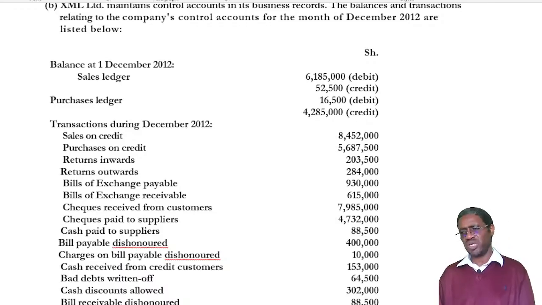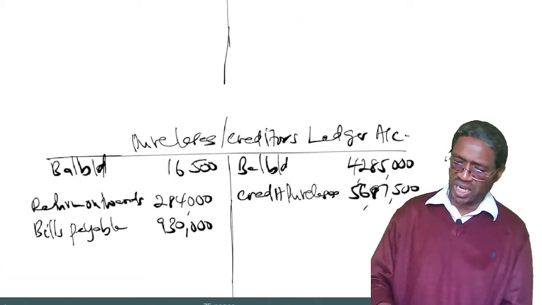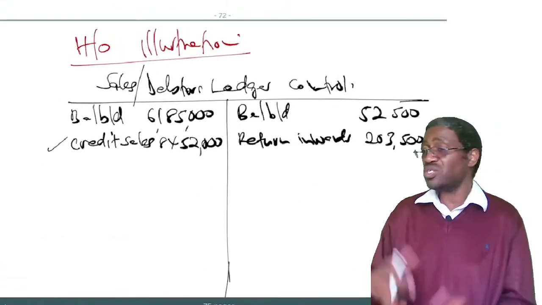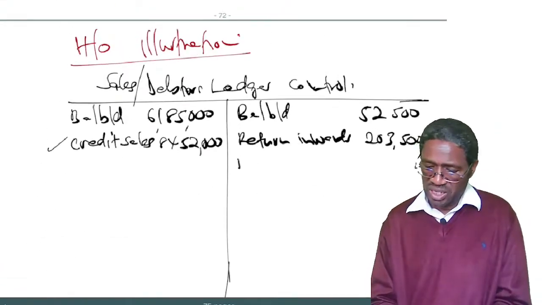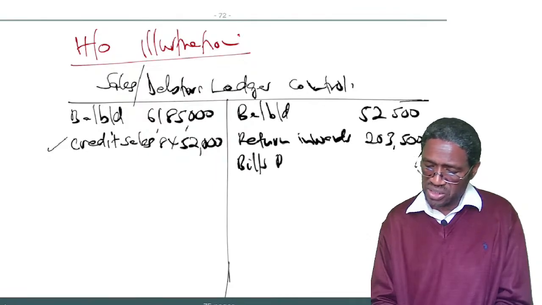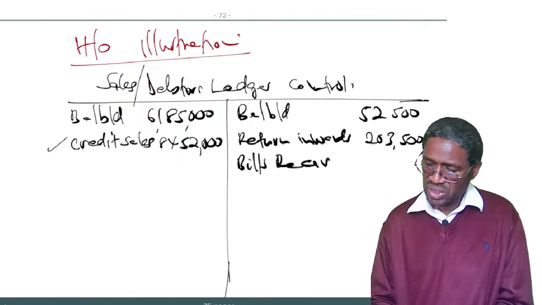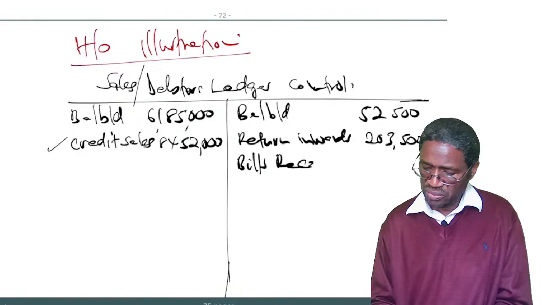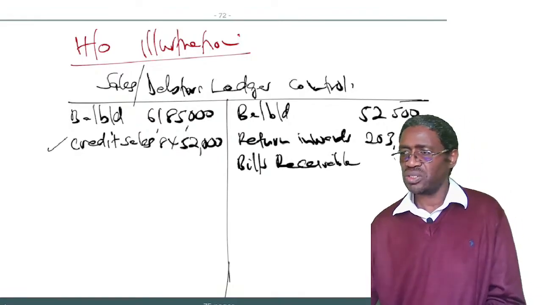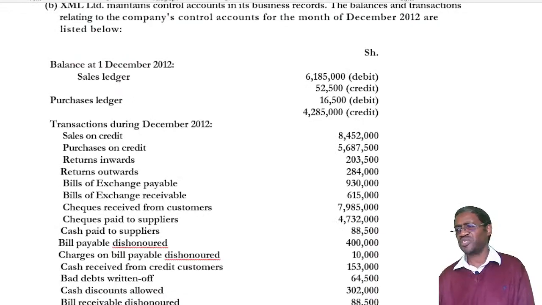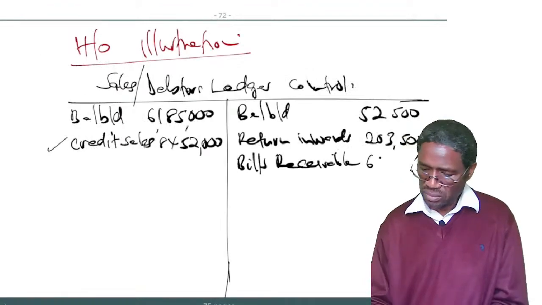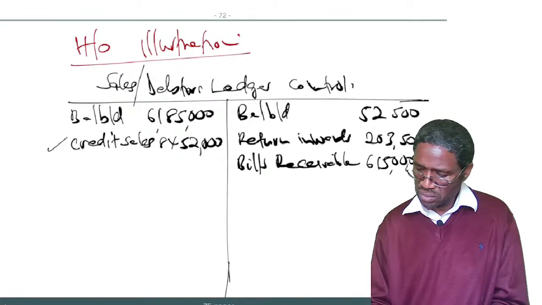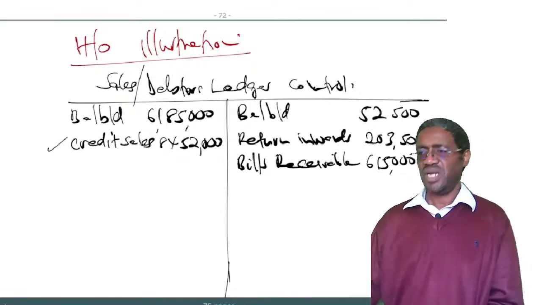How much? 615. So we enter it. You go to the debtor's account and you credit because you have been paid. Come and say your bills receivable. We have said it's how much? 615. Good. Next.